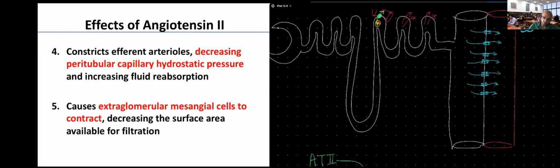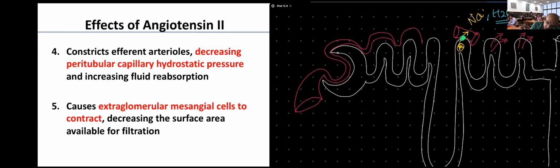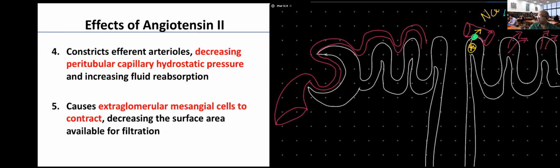Another way by which angiotensin II is going to be increasing my blood pressure is by constricting the efferent arteriole of the nephrons. So when I constrict the efferent arterioles, how is this going to help me increase my blood pressure?